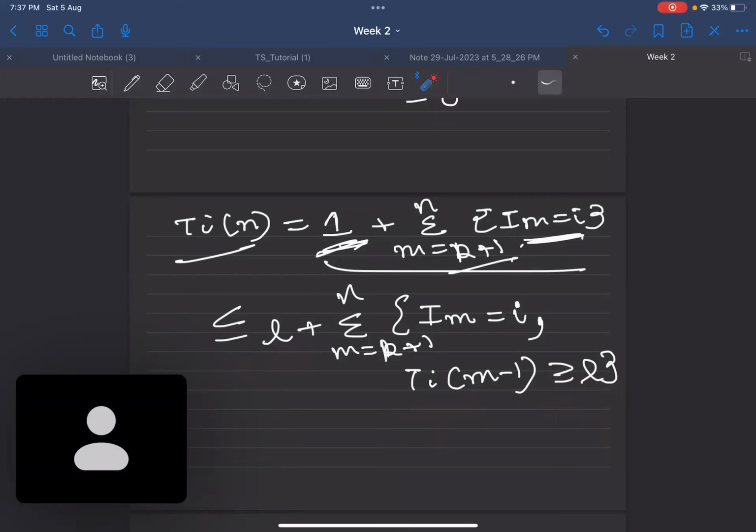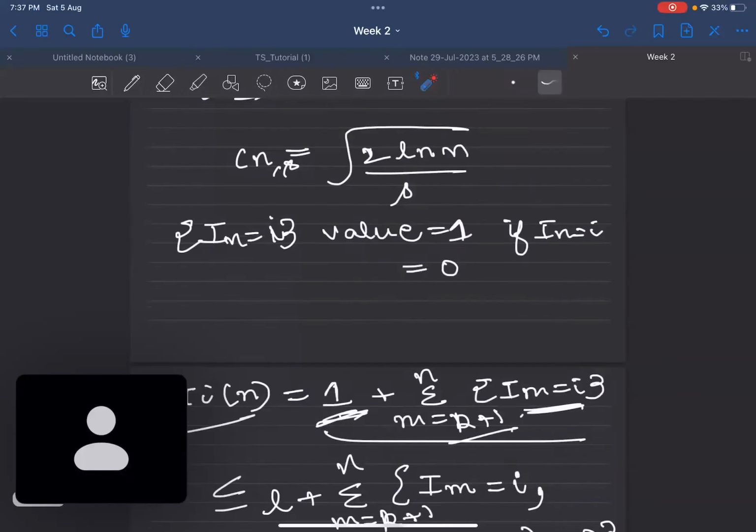That's why we are only adding after that. You are correct. We have chosen L times, and as you told, we have already added L, so no need to count it again. So count the other arms if it is equal to I. Am I correct? Yes, ma'am. Let us go forward.